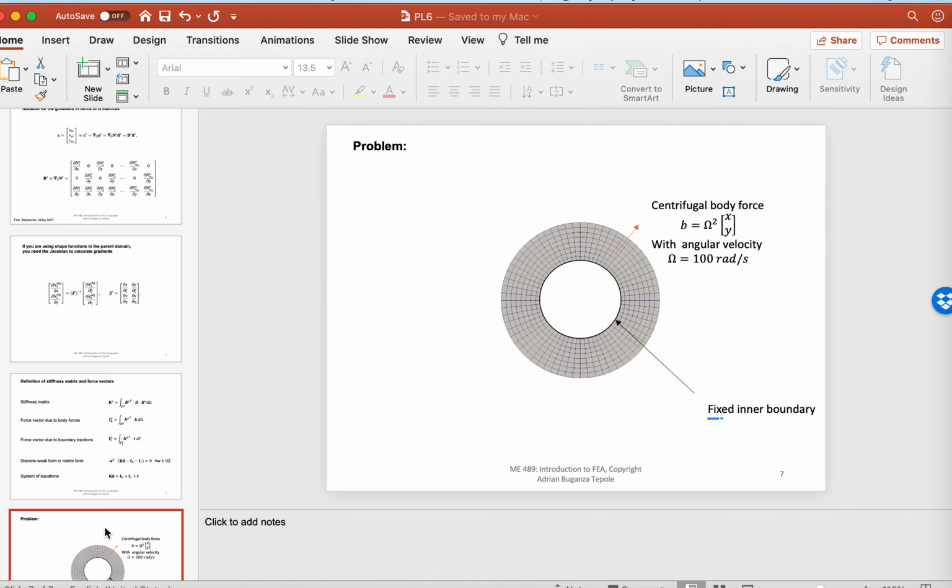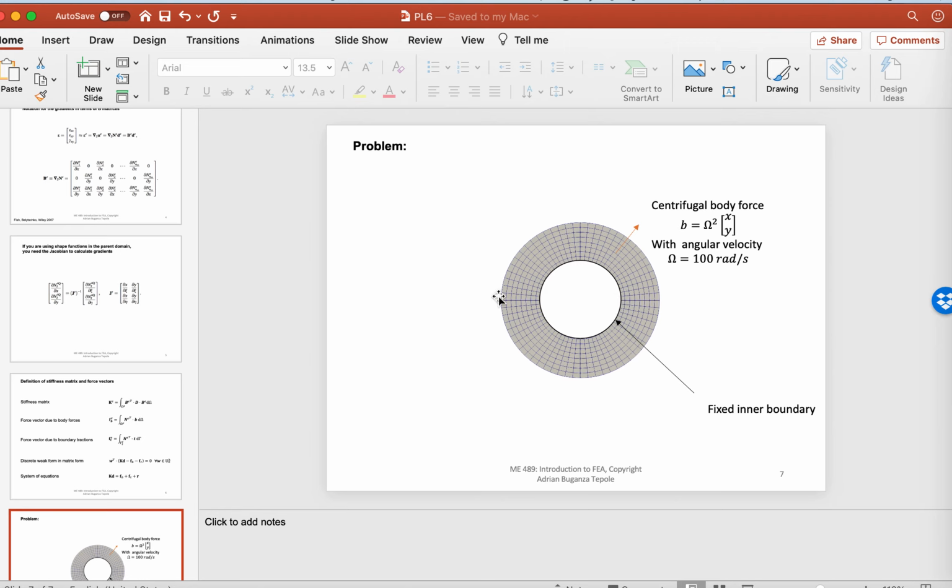For this lab, the problem we are dealing with is this quadrilateral mesh with a centrifugal force, given in terms of x and y: omega squared times the vector x and y, where omega is a constant angular velocity of 100 radians per second. The inner boundary has essential boundary conditions.